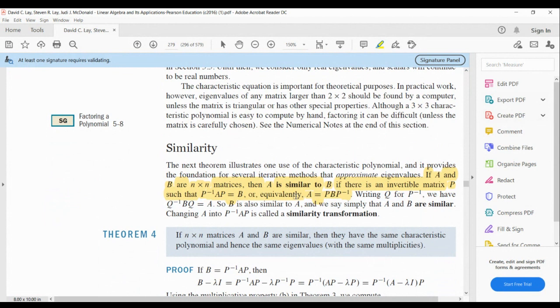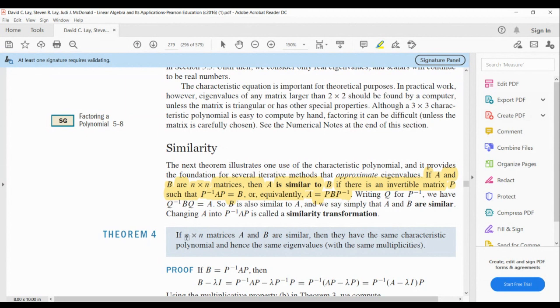This is called matrix A being similar to a matrix B, and it's a very important concept for what you're going to learn in section 5.3.